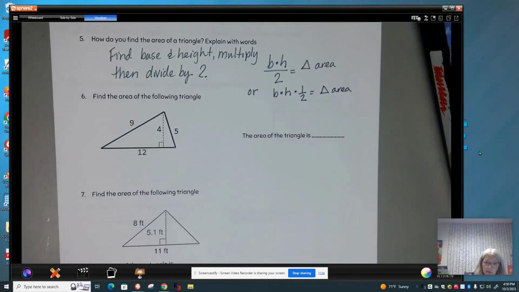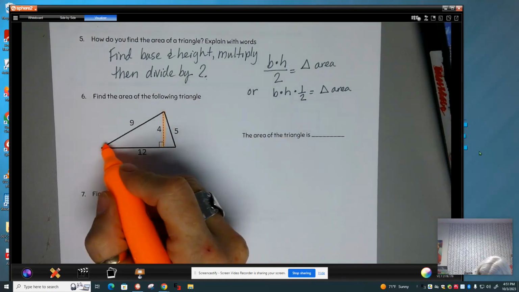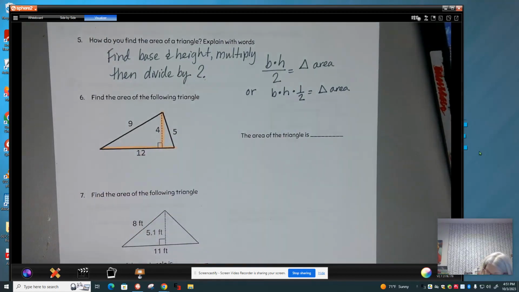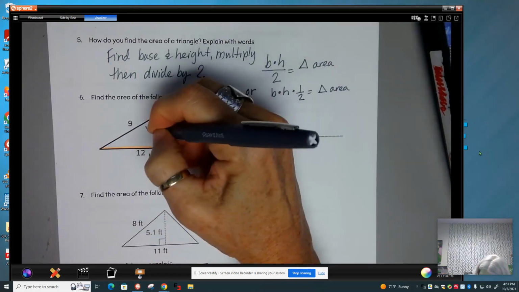So go ahead and first find the base and height of this triangle, and then find the area. Well, remember, we want to find that perfect square corner, and that gives us that base and height. So this is my base, this is my height.